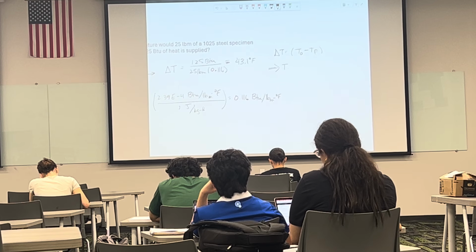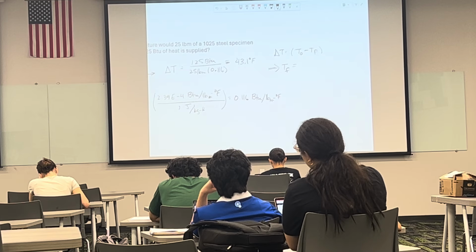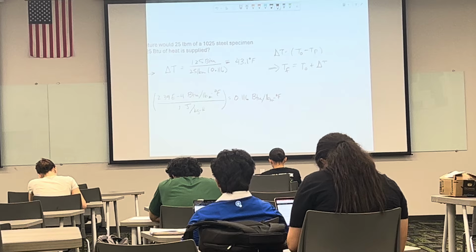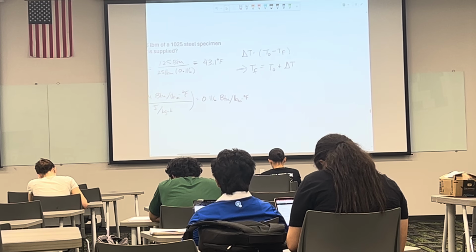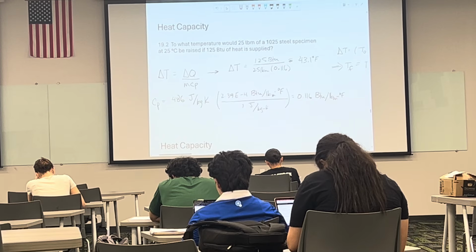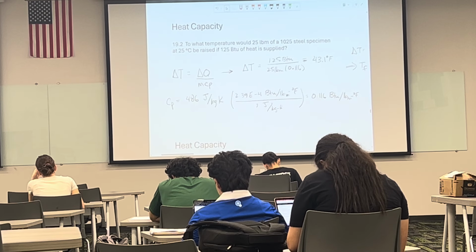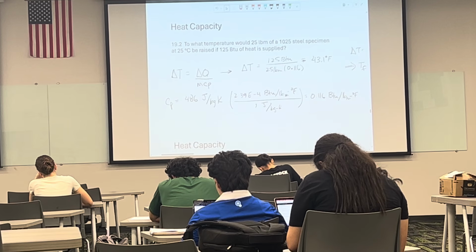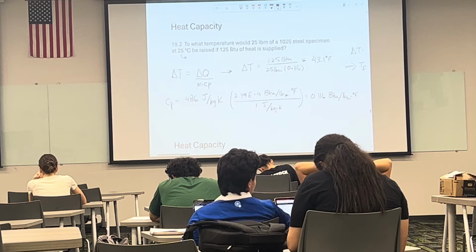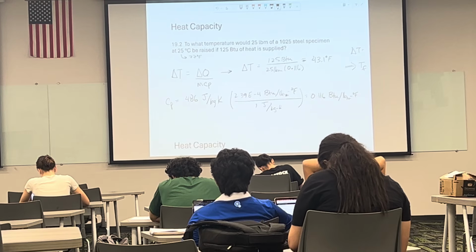So we want the final temperature, which is equal to T naught plus delta T. The original temperature is 25 degrees Celsius, which is 77 degrees Fahrenheit.